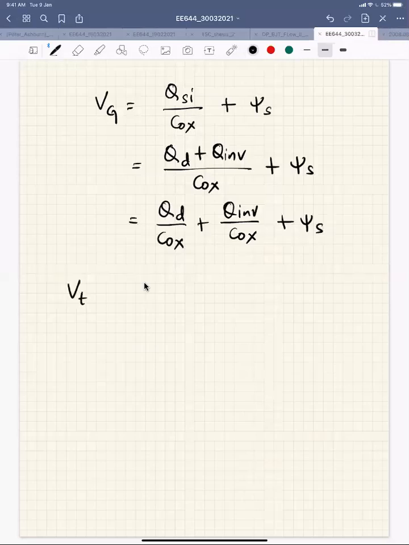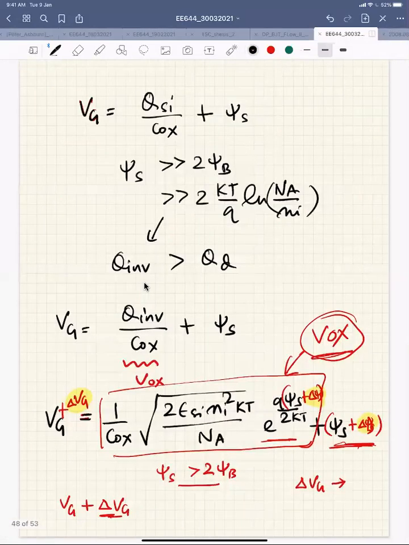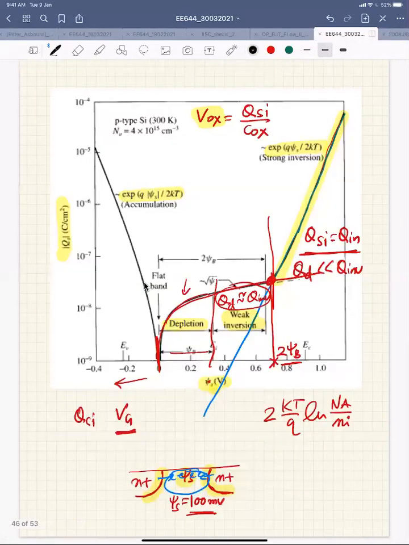At the threshold voltage, the gate voltage where psi s becomes 2 psi b, psi s will be replaced by 2 psi b. But if you look at Qd and Q inversion, at the threshold voltage, somewhere here, your inversion charge is just equal to the depletion charge or a little bit below it.